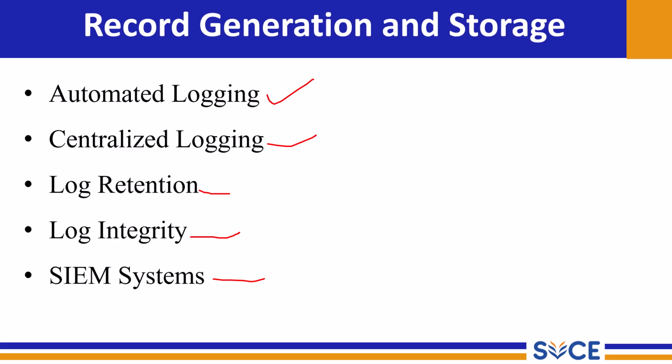While you are using record generation and storage, there are potentially some drawbacks. The first drawback related to generation is performance overhead. Generating records, especially detailed audit records or high-frequency data streams, can consume system resources like CPU, memory, or network bandwidth.